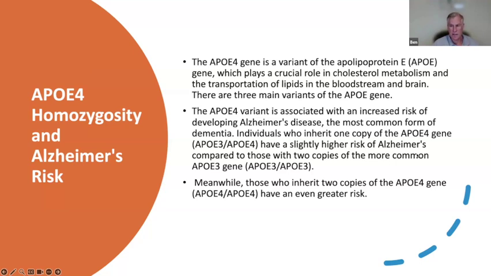And then we have the heterozygotes, which are E2/E3, E2/E4, E3/E4, and so on, obviously. So anyone with the 4 has an increased risk of Alzheimer's disease. And if you have 2 E4 alleles, even a higher risk.